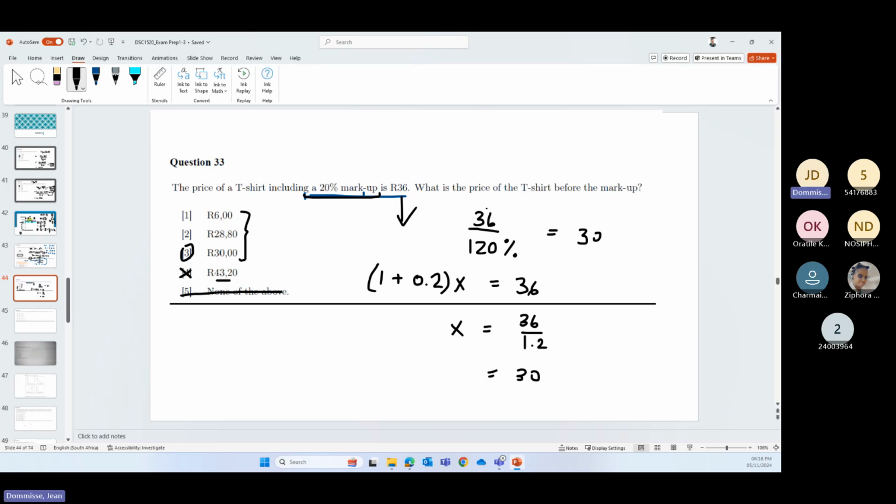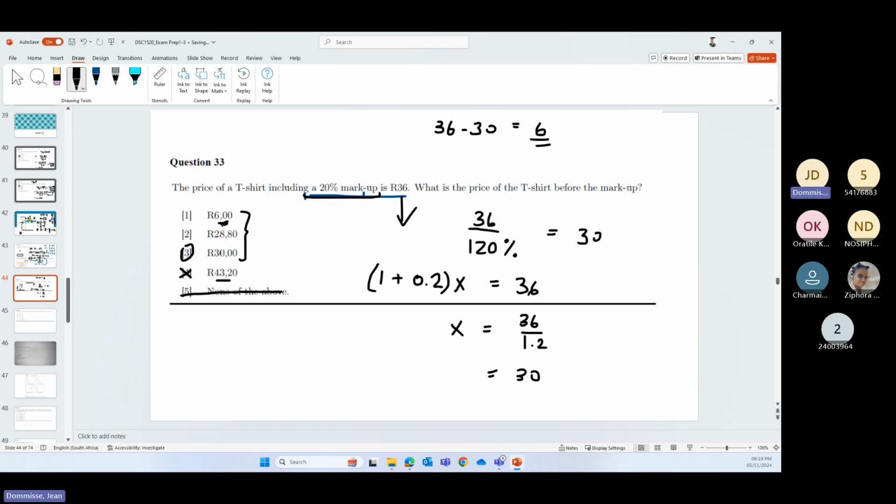So then you see, if my final price was 36, the price before the markup was 30 rand, then the value of the markup is 6 rand. Just be careful in some of these questions.